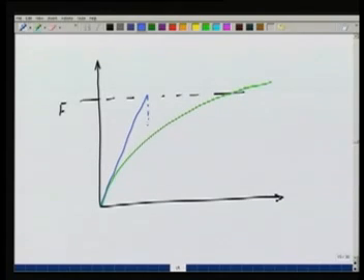I come to this. This will be my delta 0.